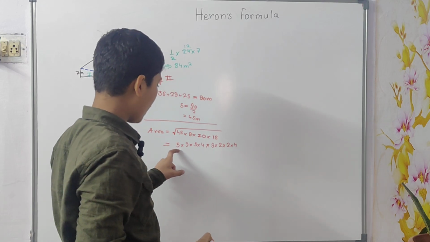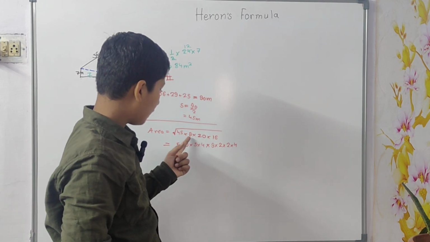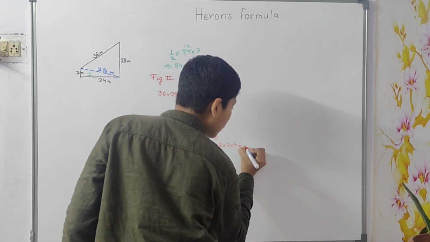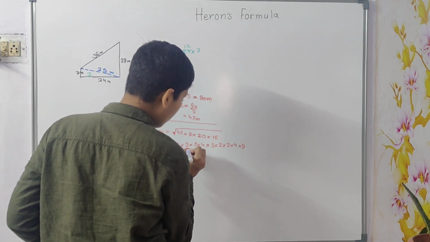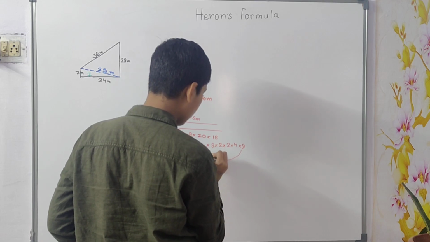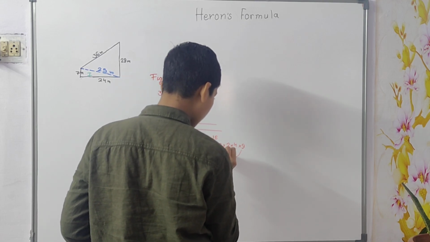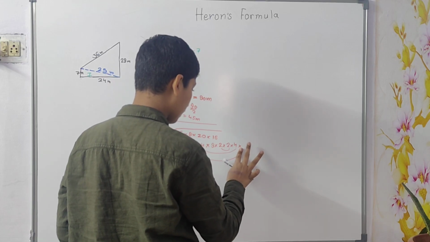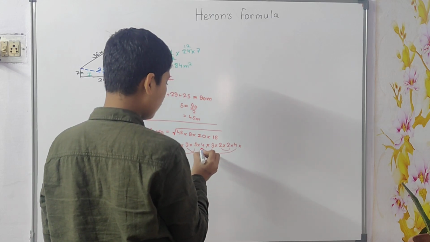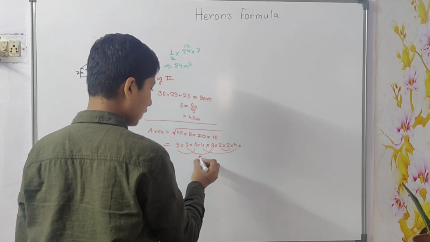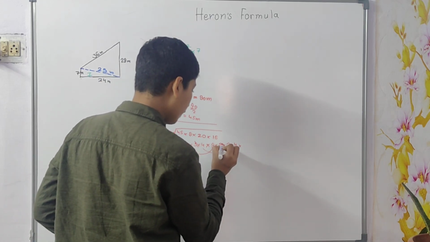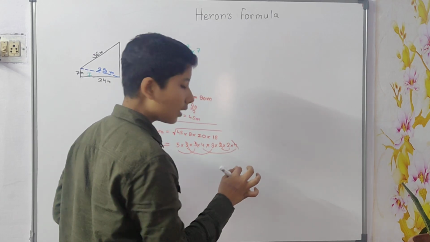See, 45 is 5 into 9. I forgot to write 9, I'll write it here. Now make the pairs: 9 and 9, 5 and 5, 4 and 4, 2 and 2. So one 9 will get cut, one 5, one 2 and one 4 will get cut.